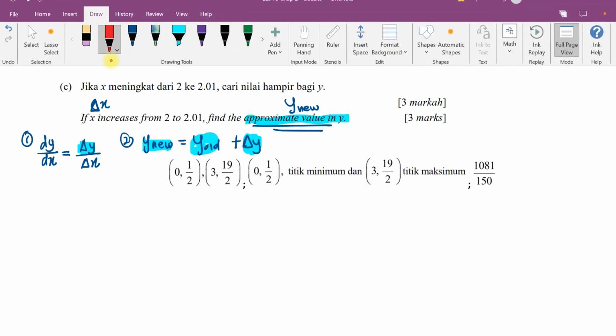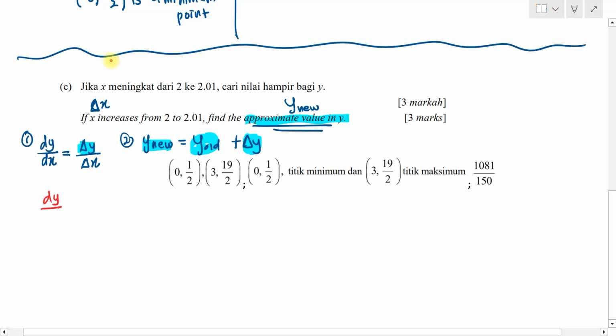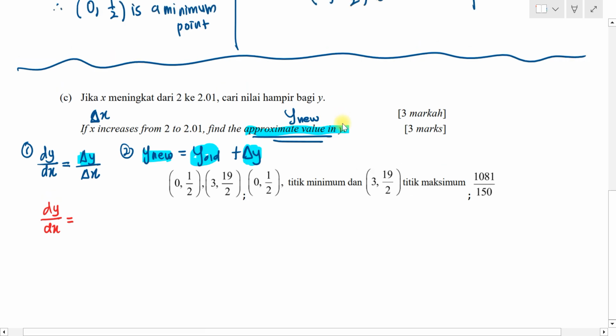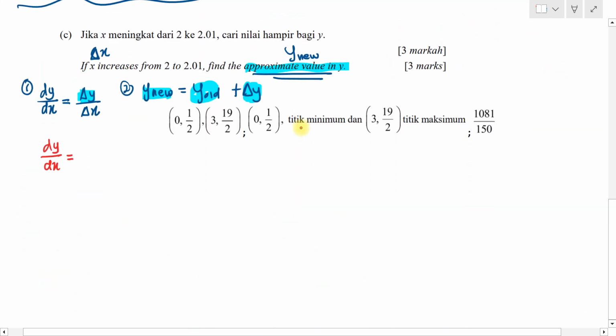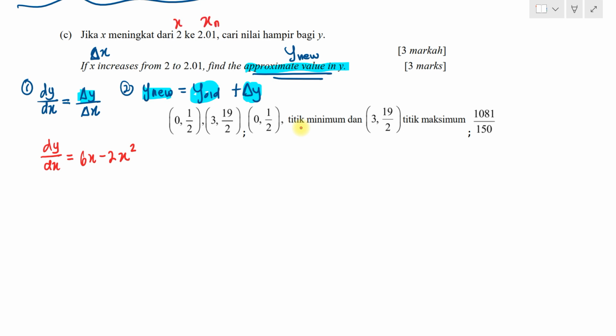Okay, so first of all, dy dx. We already know dy dx is 6x minus 2x square. Okay, this is your dy dx. Now what do you need to do? Find your x. This is your x and this is your x new. The original x is 2.